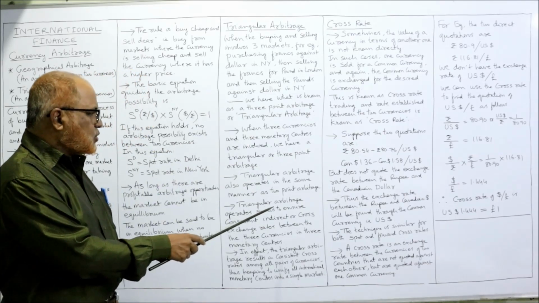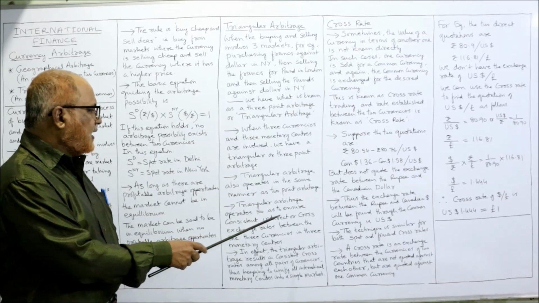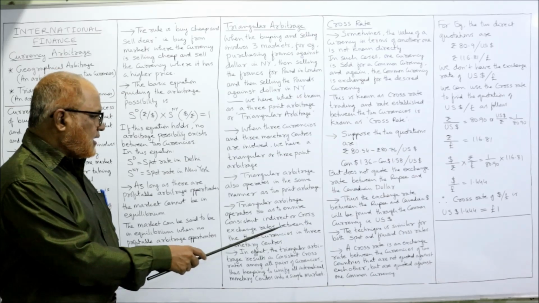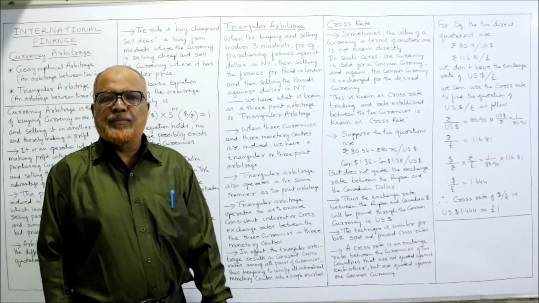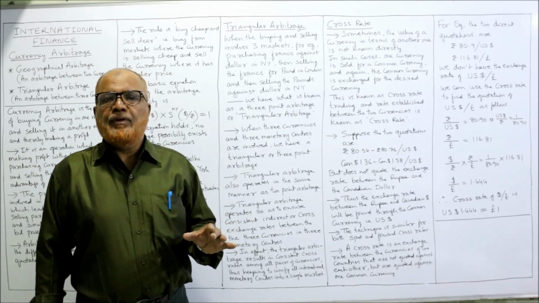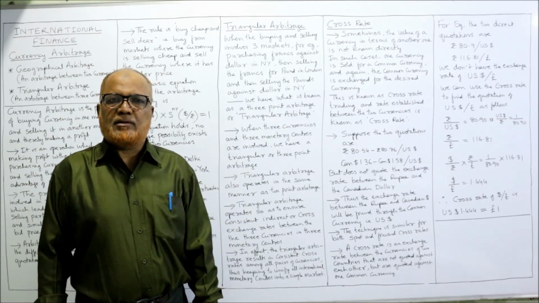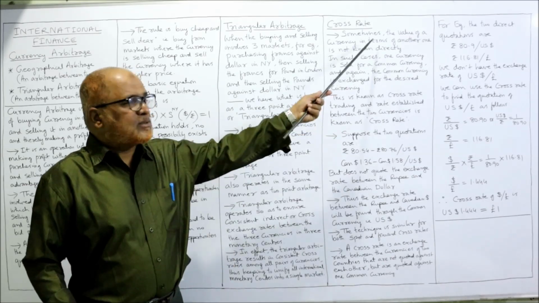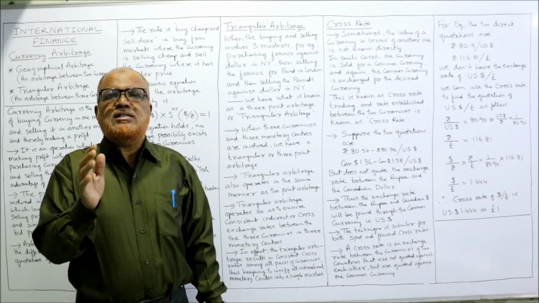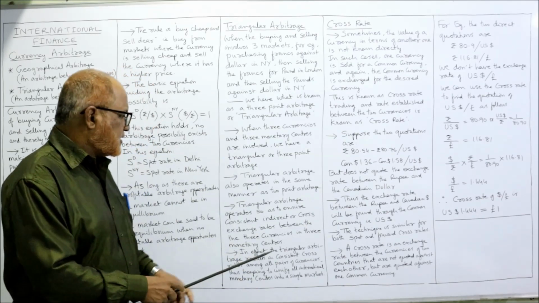Triangular arbitrage operates so as to ensure consistent cross exchange rates between the three currencies in the three monetary centers. So in order to find out the arbitrage possibility, we have to find out the cross rate. What is the cross rate? I'll explain. There should be an inconsistent cross rate.